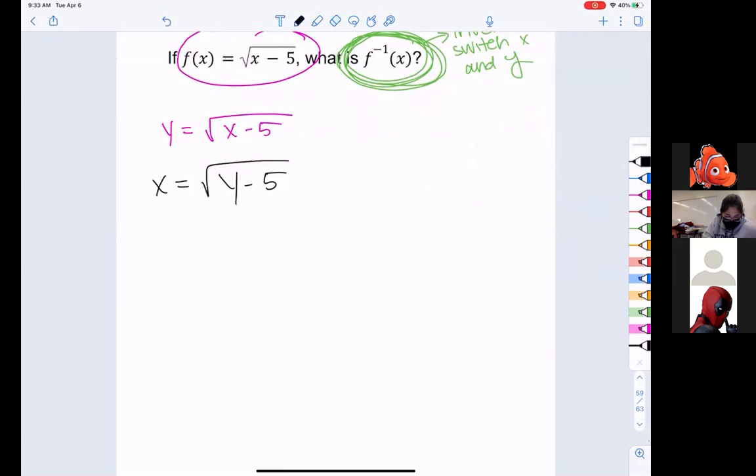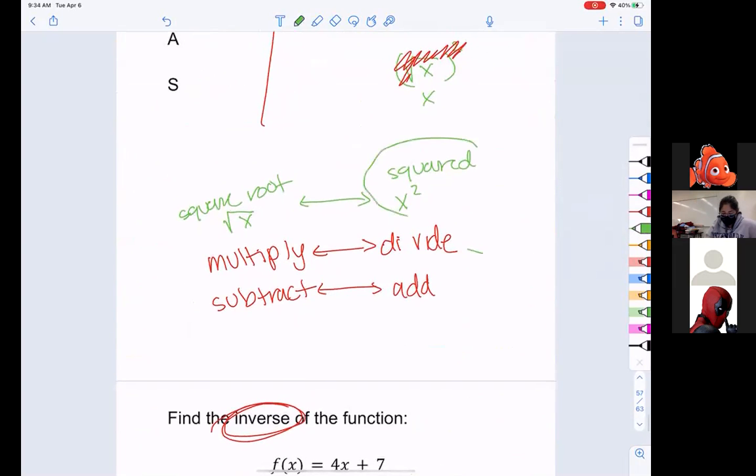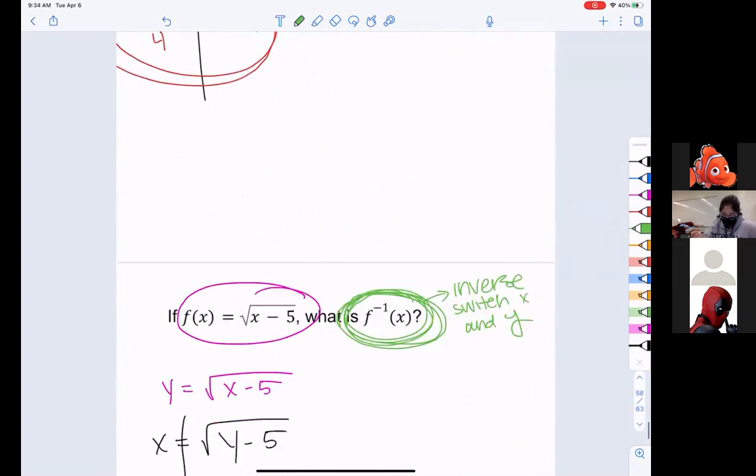Oh, I got the eraser. All right, so how do you get rid of this square root symbol, Jordan? The squared? Yeah, that is a squared, yes.